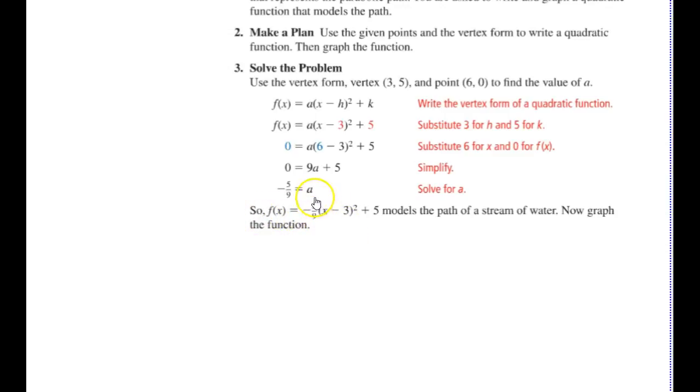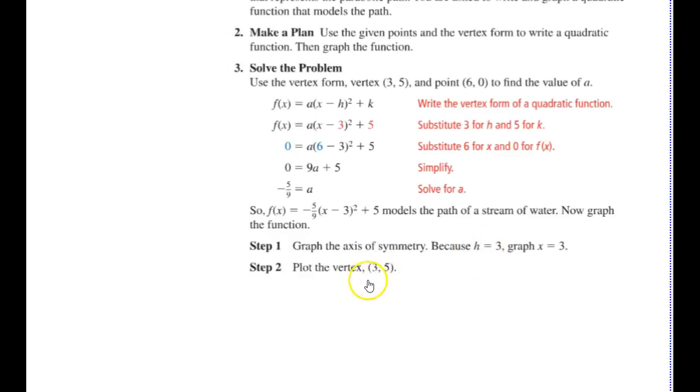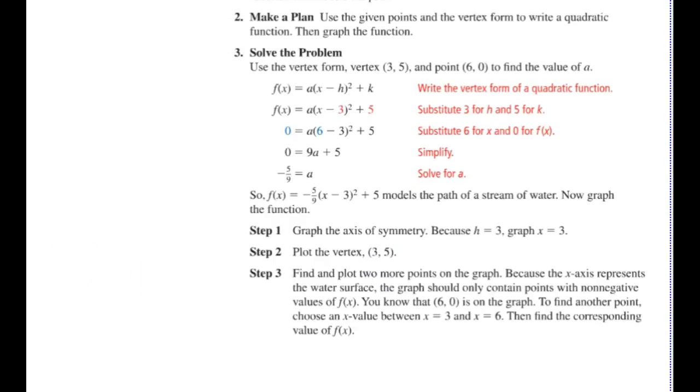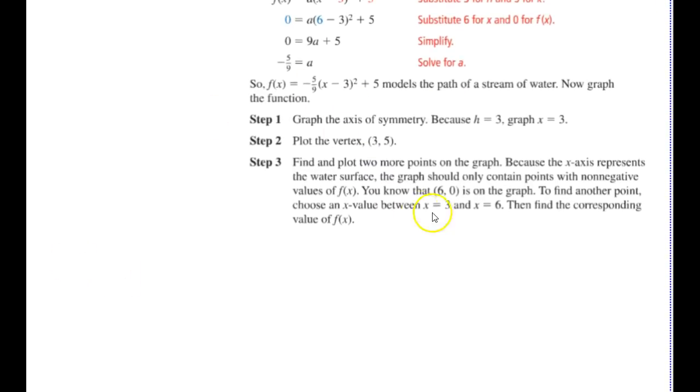So just to finish it, I just have to rewrite my function. f of x equals negative 5/9 times the quantity x minus 3 squared plus 5 models the path of that stream of water. Now I can graph it. Again, I graph the axis of symmetry, which was at h equals 3. Then I plot my vertex, which I was given. Then I can find 2 more points. I was already given a point at (6, 0), so I would use that one.